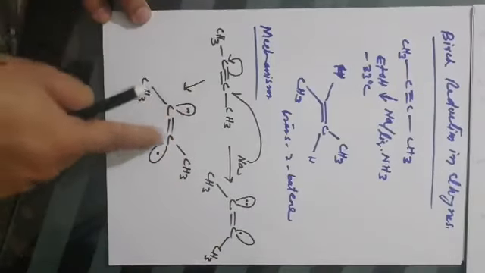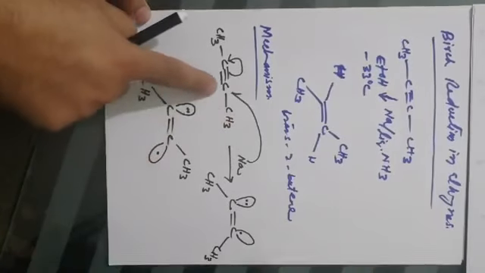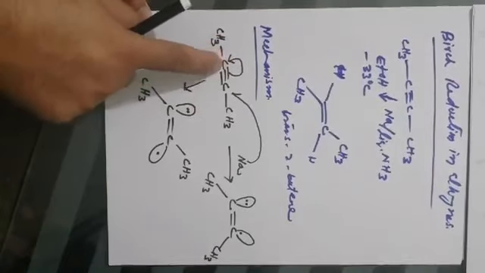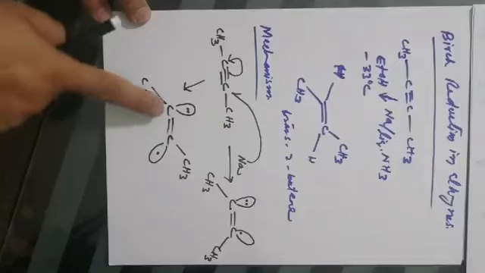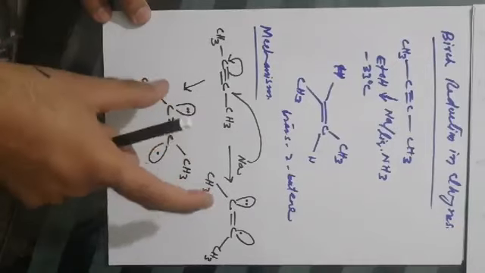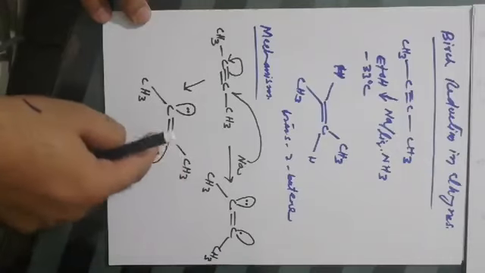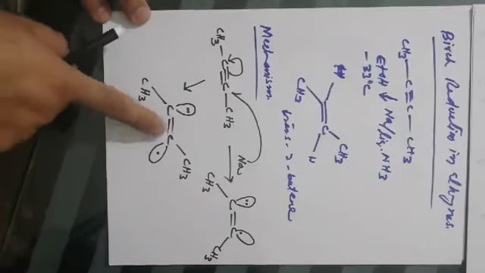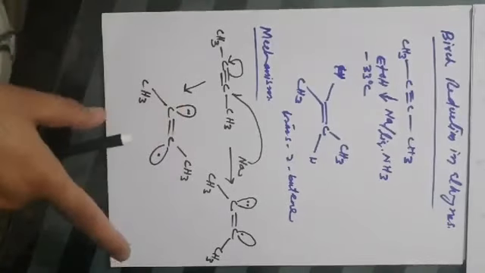There is another possibility that this single electron might have attacked from this side, and the pair of electrons will orient on this side. So there are equal possibilities, but among these two, one is more stable. Here the electrons are relatively far from each other.